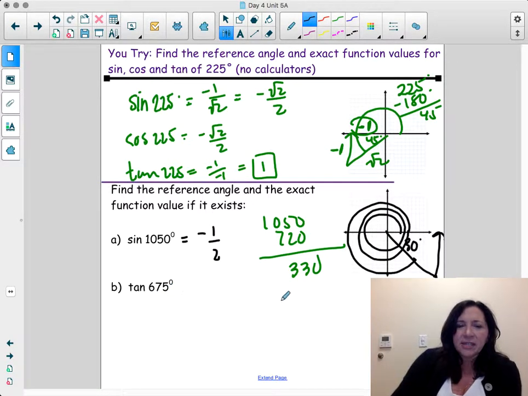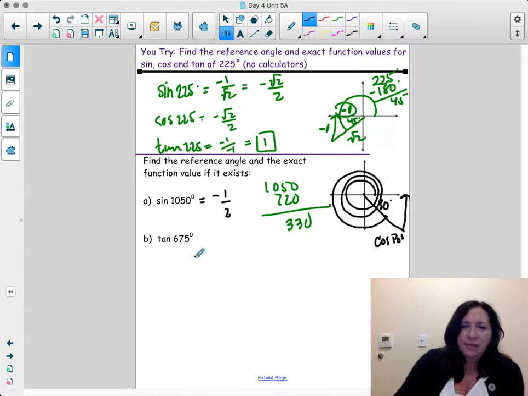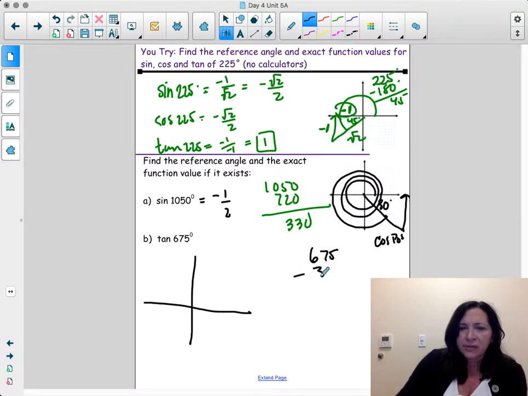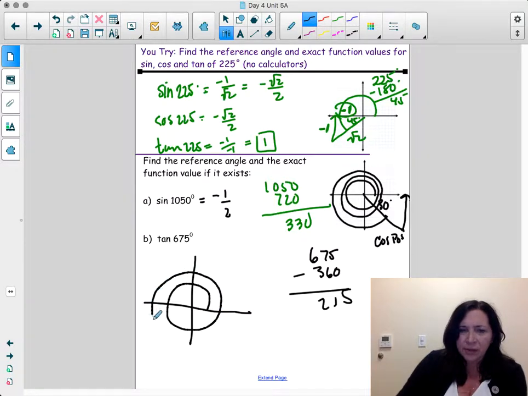Tangent of 675, okay, where is that? So let's think about that. Once around is 360. What's 675 minus 360? So that's 315, no wait, that's 1, what's that, 215? So we went around 1 time, and then we went around another 215 degrees, okay? There we are, right there.